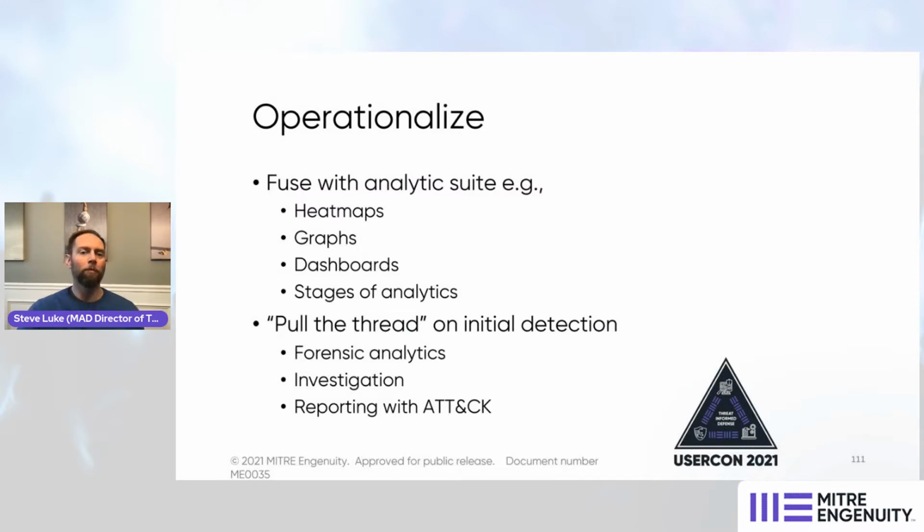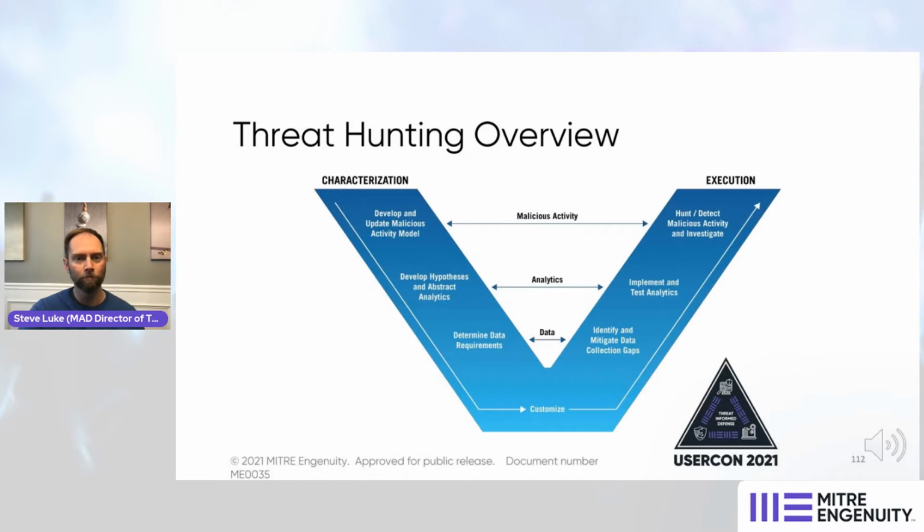And then finally, you're going to operationalize those, and we'll talk about how you can fuse these atomic analytics that you've developed into a comprehensive view, and then investigate detections when they occur, and explain what you're finding in terms of ATT&CK. And so we come full circle back to the CTI part of the triangle. So that's the methodology that we're going to be teaching in that course. I didn't have time to teach you the whole course today, but I just wanted to give you a flavor for what that will look like in the future.